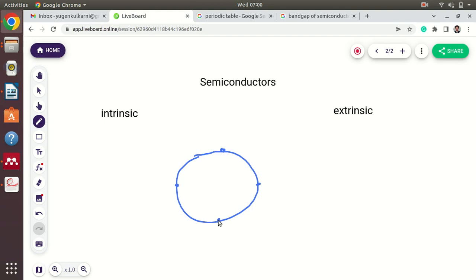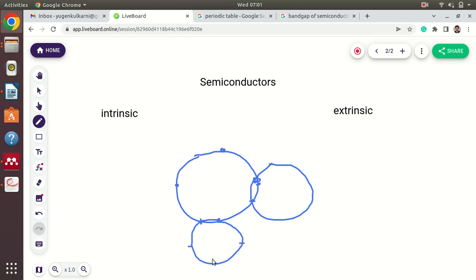Now surrounding it there will be 4 atoms. So this will also share 1 electron. Okay, so these are 2 electrons. Here also there will be another atom of silicon, so they will also share one electron. So they have four electrons.